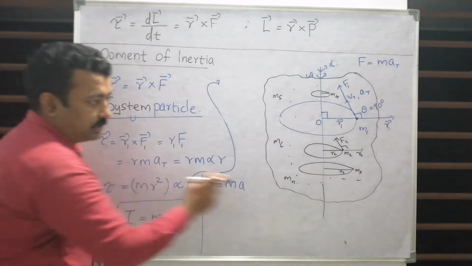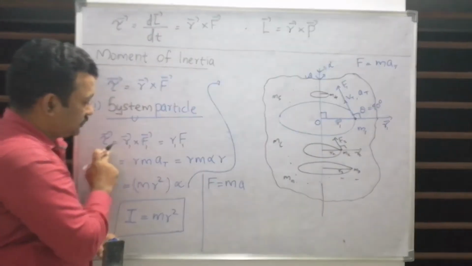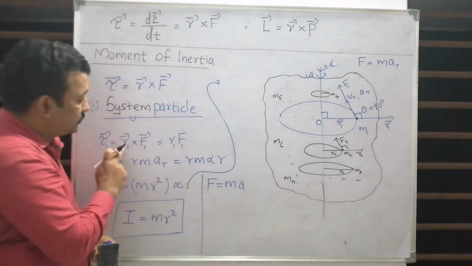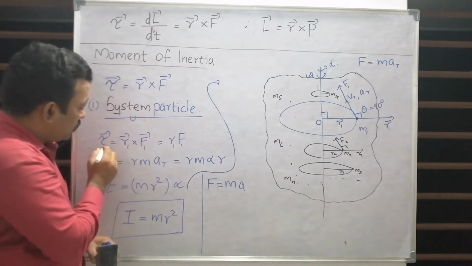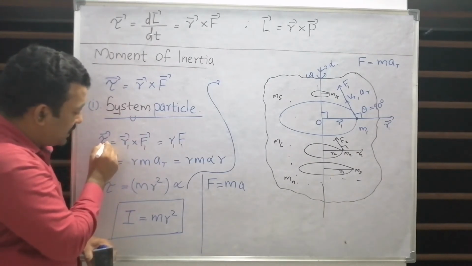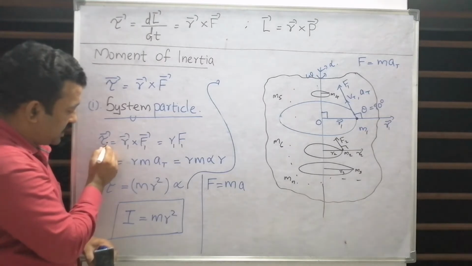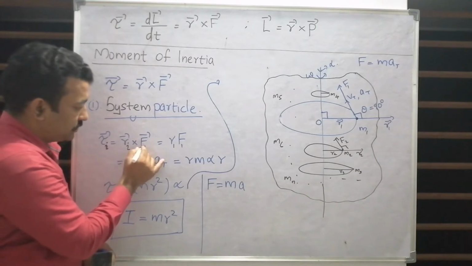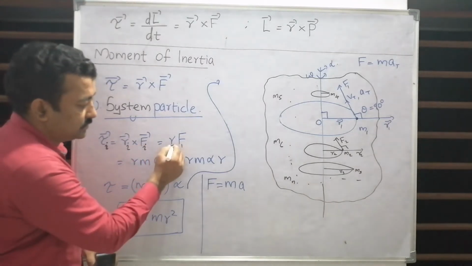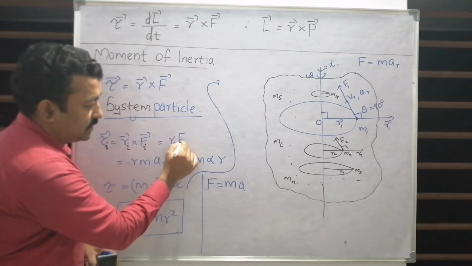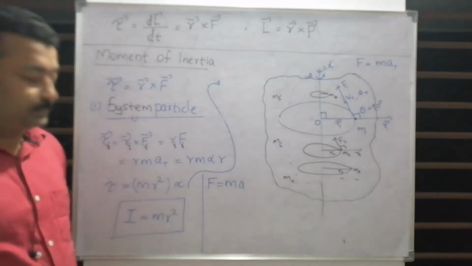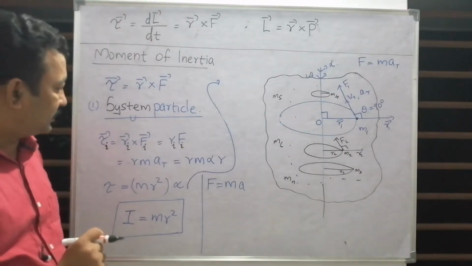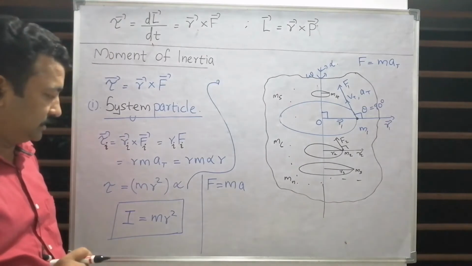Tau 3 is equal to r3 cross f3. For the nth, tau n is equal to rn cross fn. I may generalize this for the ith particle: tau i is equal to ri cross fi. That is the expression for the torque experienced by the ith particle.